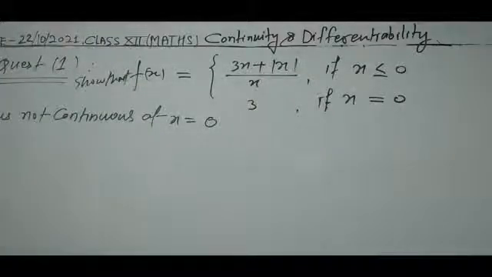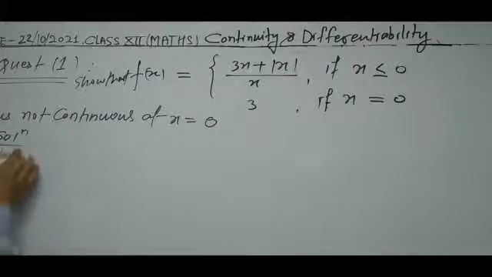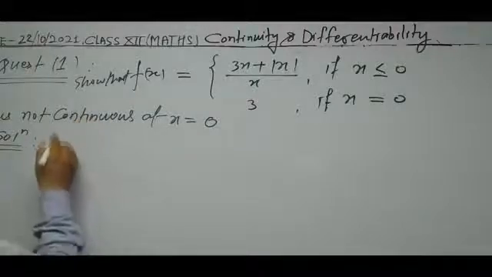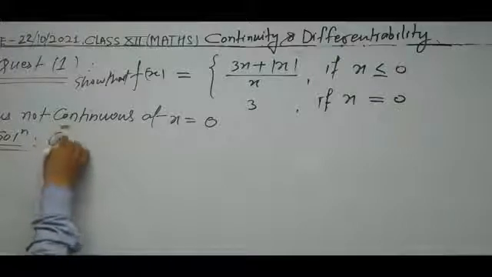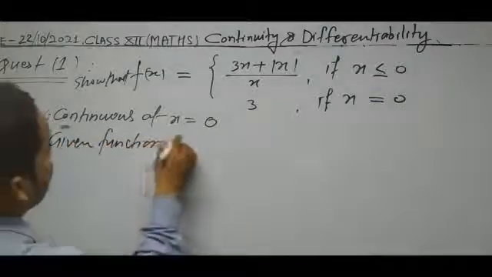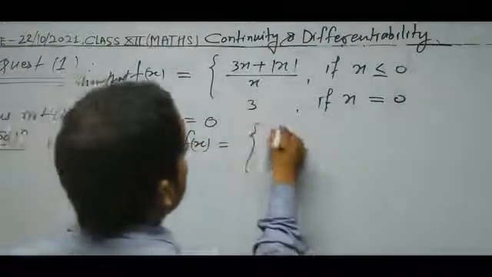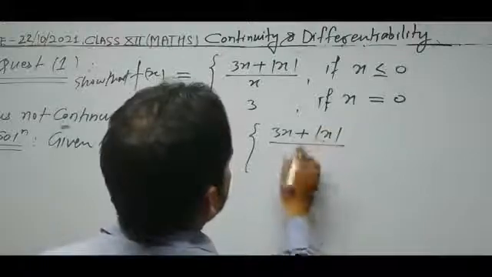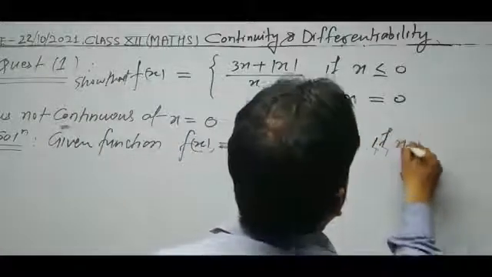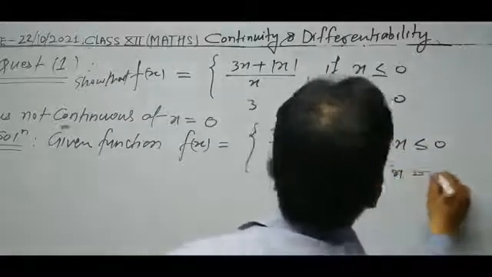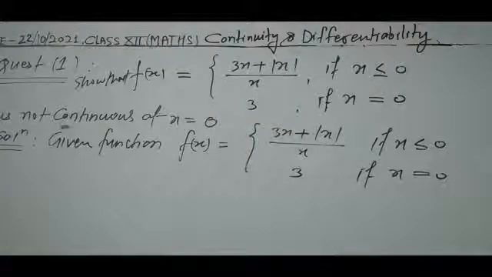First of all, this is the given function: f(x) = (3x + |x|)/x for x not equal to 0, and 3 for x = 0. This is the given function.